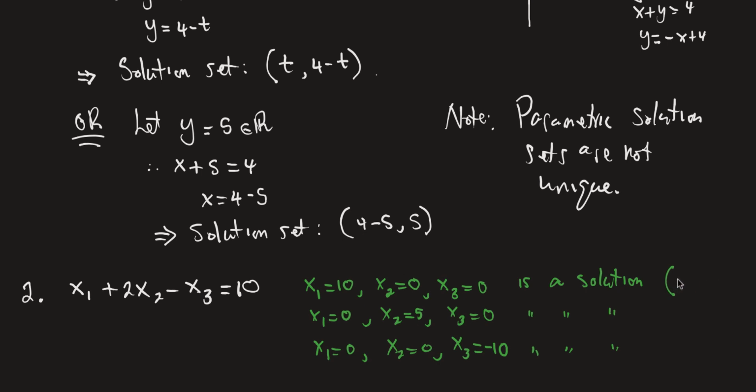So 10, comma 0, comma 0 would be the ordered triple that corresponds to this solution. And then 0, 5, 0 would be the ordered triple that corresponds to the second solution. And then the third would be 0, 0, negative 10, right?